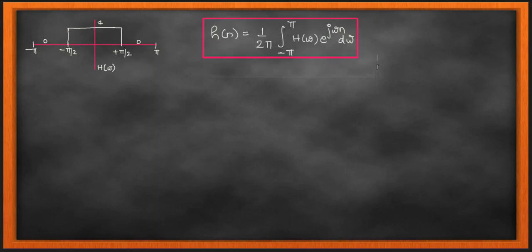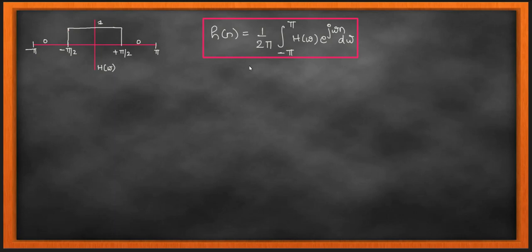I can see from this graph that from minus pi to minus pi by 2, the response is 0. From minus pi by 2 to plus pi by 2, the response is 1. And from plus pi by 2 to pi, the response is 0.